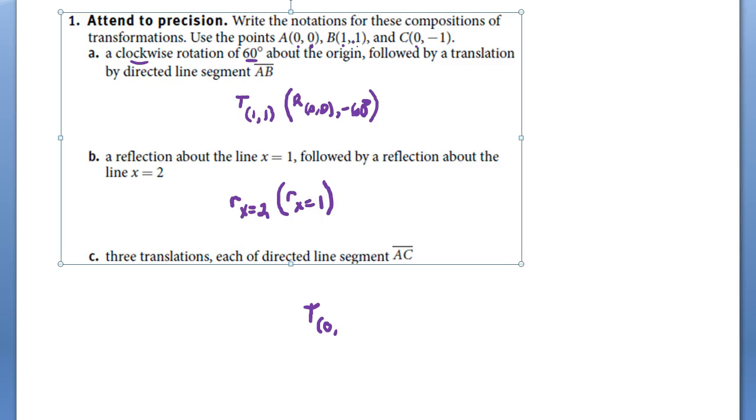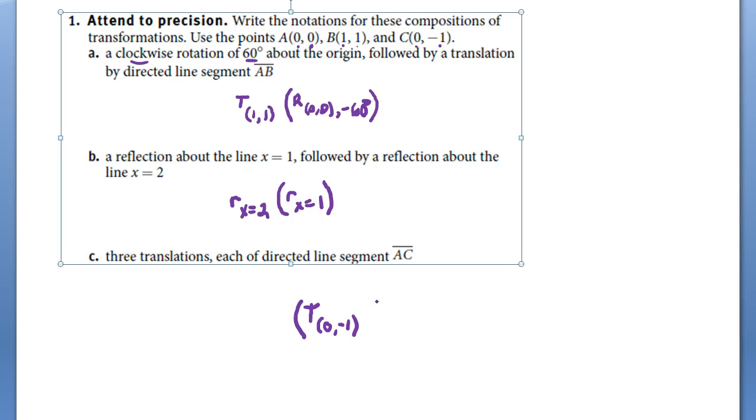From A to C, the Y value decreases by 1. So -1. Again, this does not mean the point (0, -1), not for a translation. These numbers are telling us how to shift the X coordinate and how to shift or slide the Y coordinate. Okay, that's our first of 3 translations.